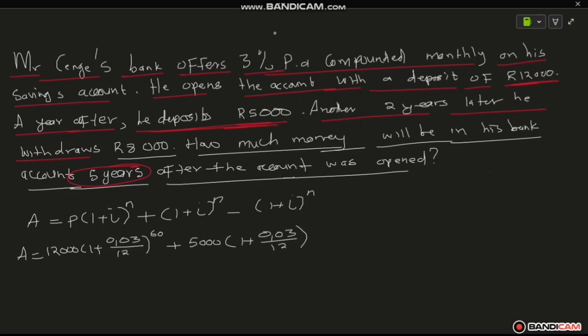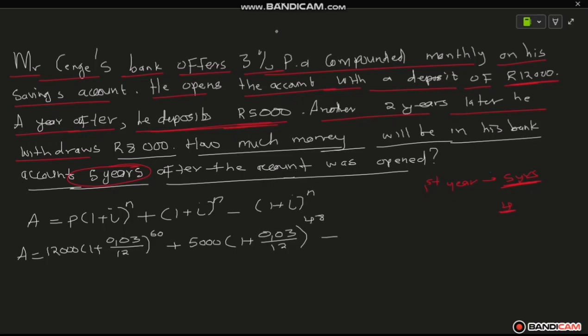Then what about n? Remember, the total number of years is 5. This was for the first year. After a year later, we subtract 1, we're left with 4. So it's going to be 4 times 12, which is 48.